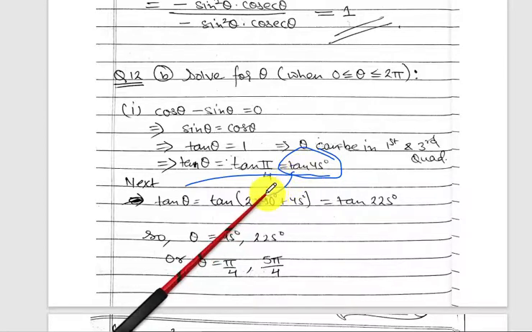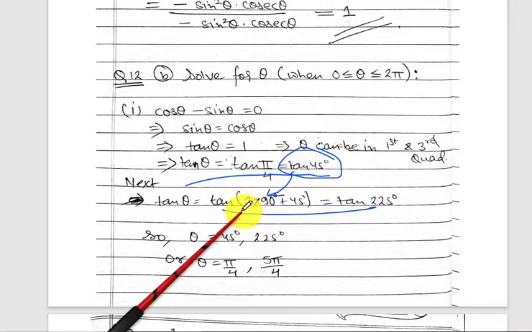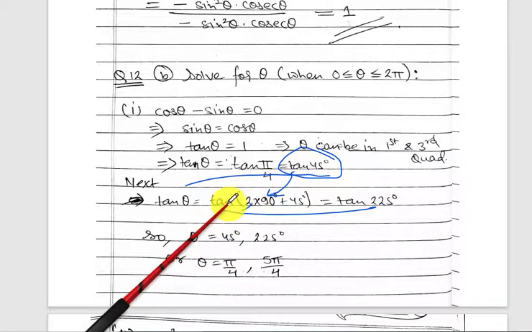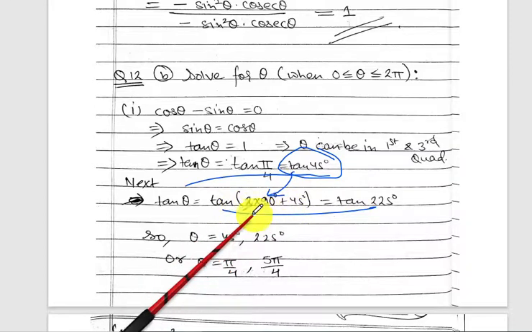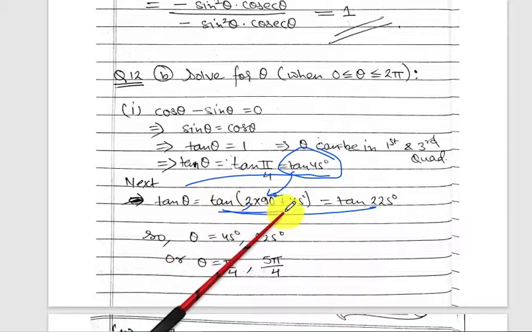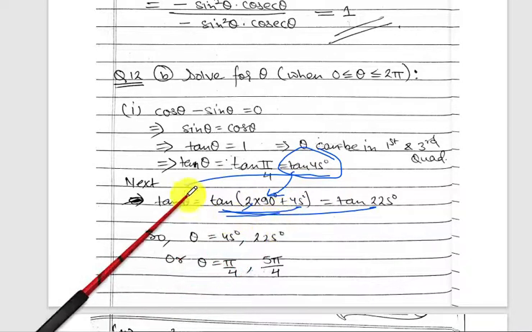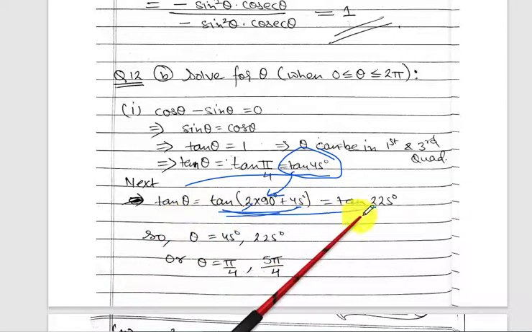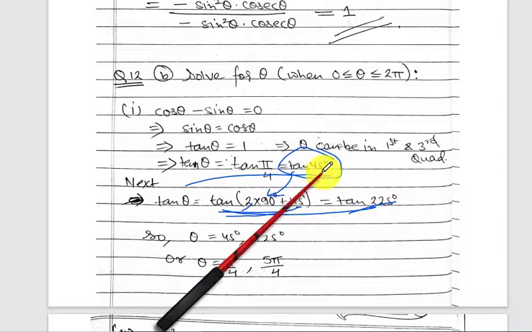This same tan 45 can be written in this manner, because 2 is even, so tan will remain tan. And in the third quadrant tan is positive, so it's positive. So you get tan theta equal to tan 225 degree. Okay, you can convert these two angles into radians and you can write your answer.